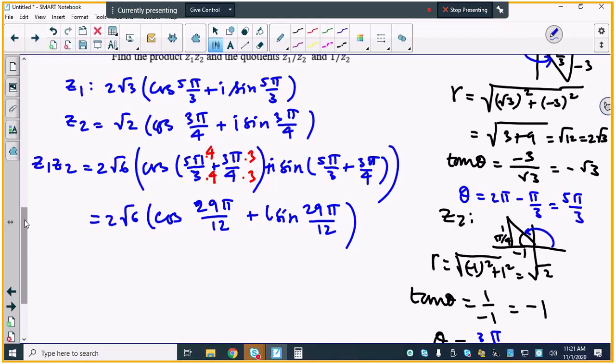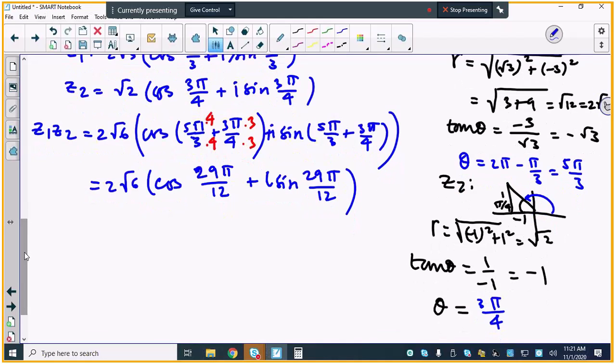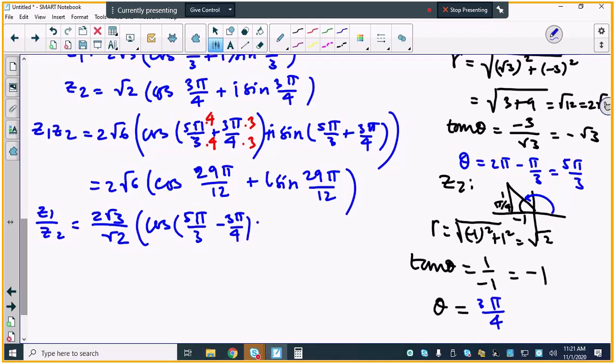And I'm going to skip the work for finding and simplifying these values. Z1 over Z2 is 2 square root of 3 over square root of 2 cosine 5 pi over 3 minus 3 pi over 4 plus I sine 5 pi over 3 minus 3 pi over 4.